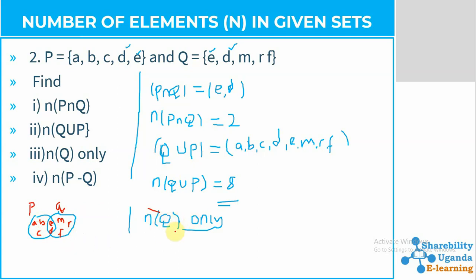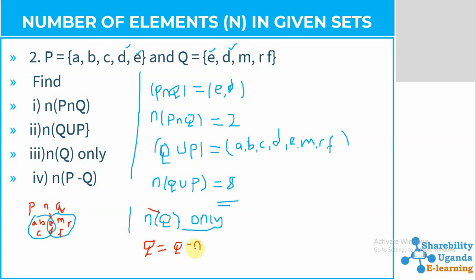So for us to get the number of Q only, we shall say our Q minus the intersection. Okay, let's name our intersection as N. Then Q only is equal to our Q minus N. So we say the whole of the Q, then we subtract the members that are shared.